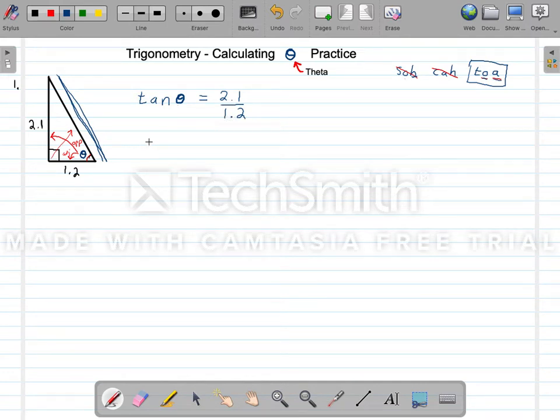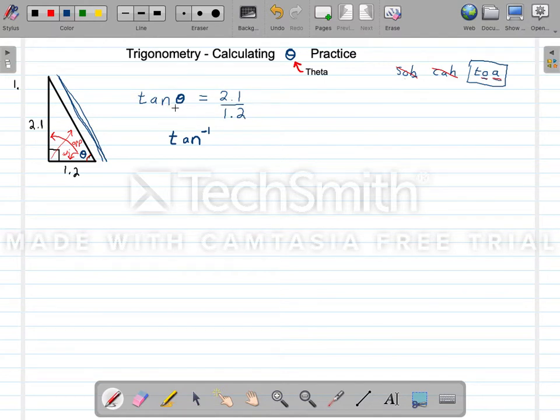If you look on your calculator, there will be a button, usually right above your trigonometry functions, that looks like tan to the power of -1. Take a moment, look on your calculator, and see if you can find that button.